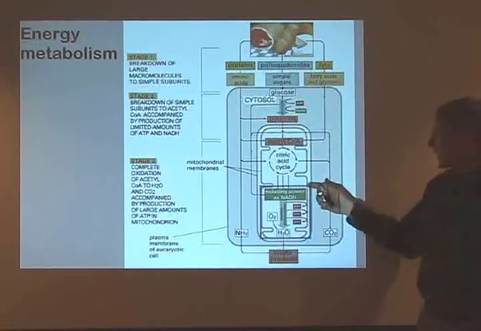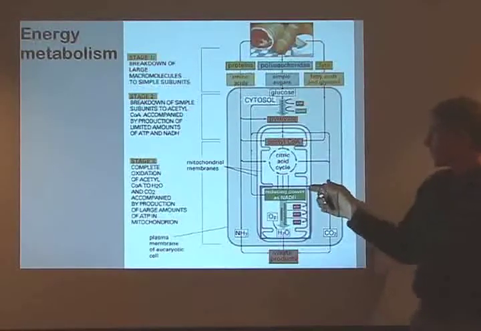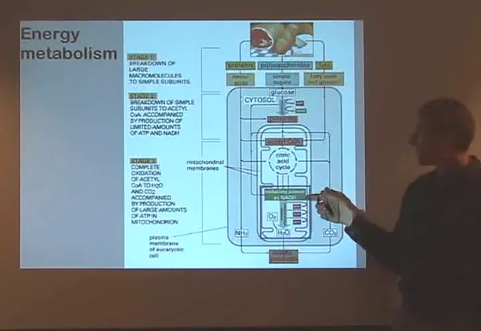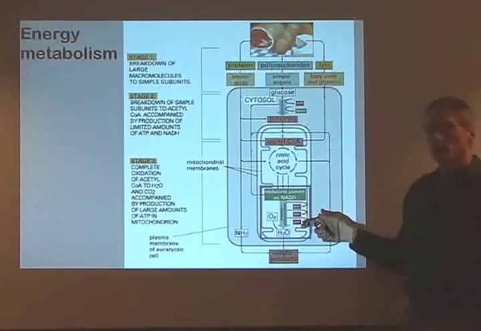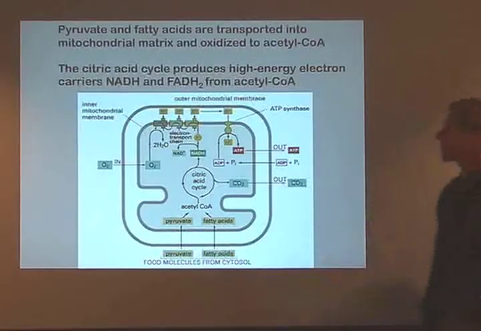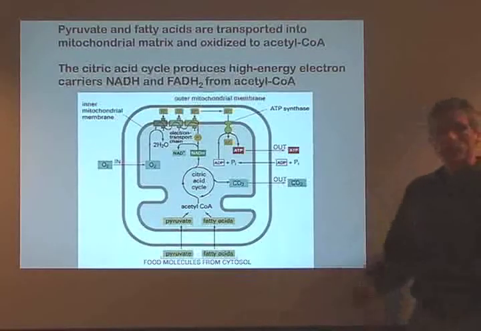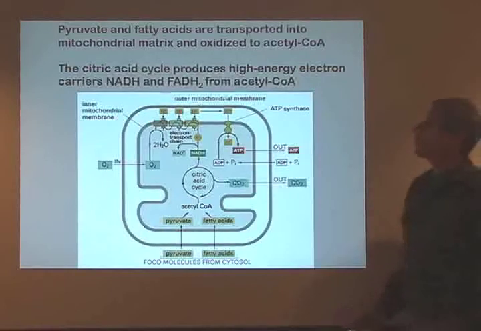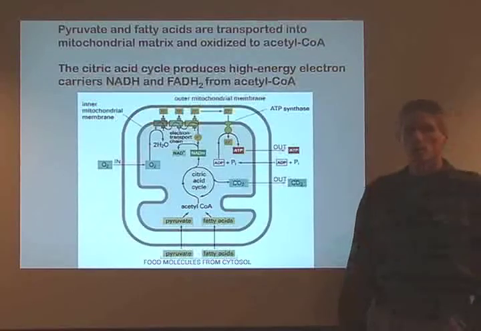So let's look at how mitochondria use the reducing power of NADH to make ATP, chemiosmotic coupling, and oxidative phosphorylation. I'm going to show you this in diagrams too, but here it is in words. Pyruvate and fatty acids are transported into mitochondria and then oxidized to acetyl-CoA.